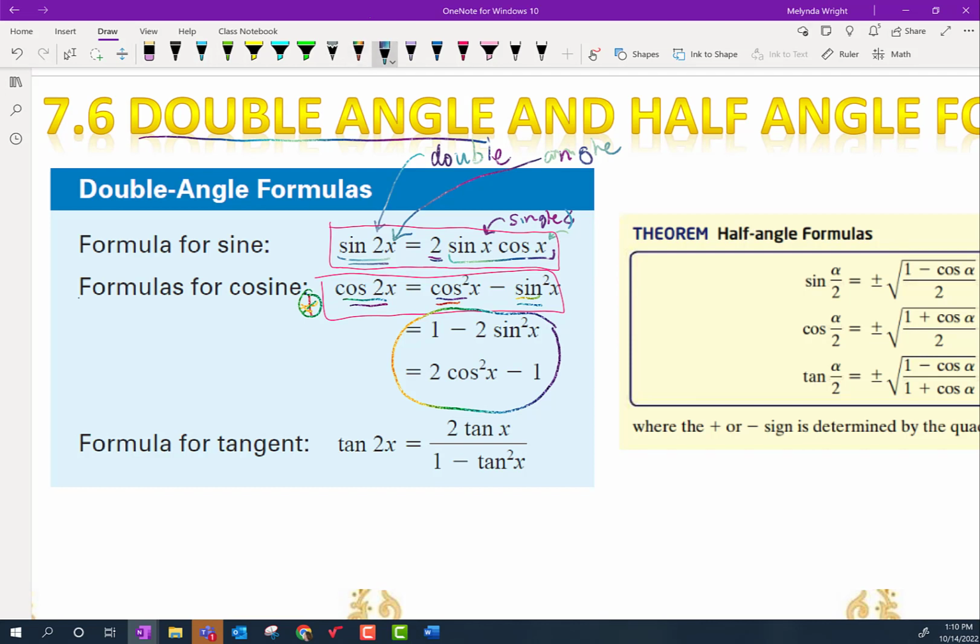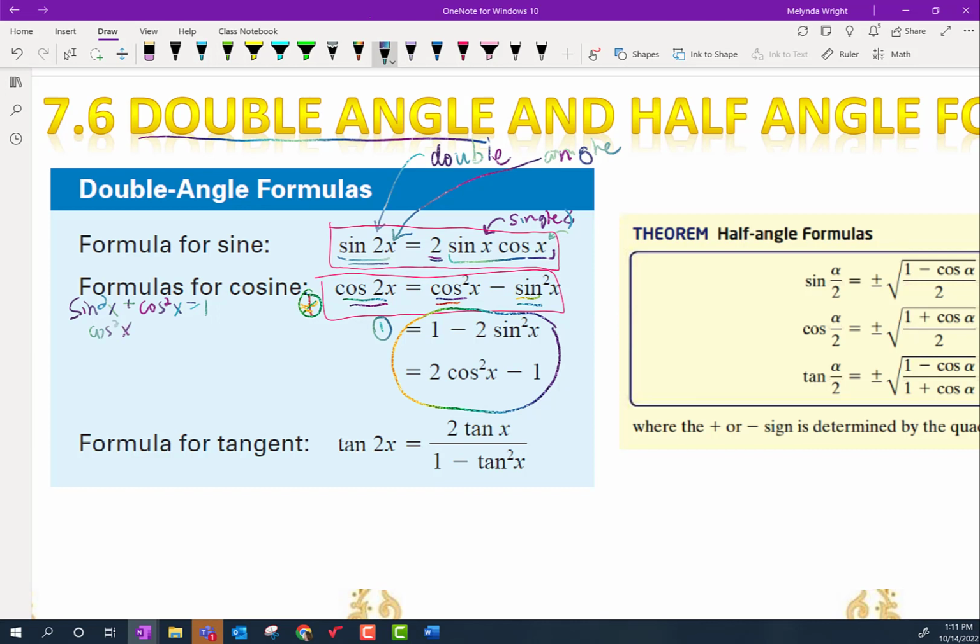So we know that sine squared plus cosine squared is 1. In this first rendition of the formula, there's no cosines in there. So what did they do? Well, they solved this for cosine.